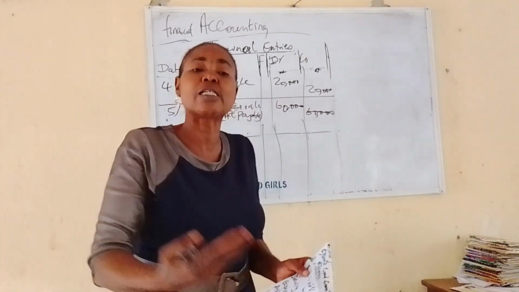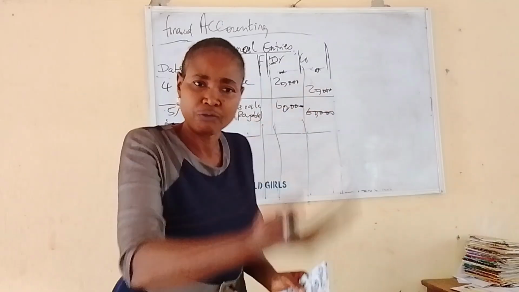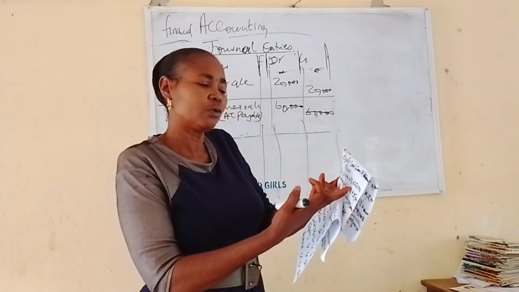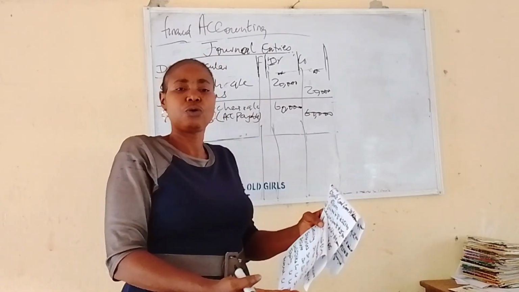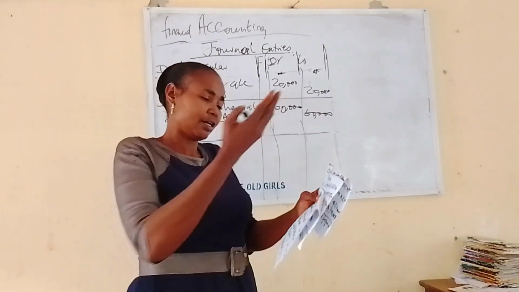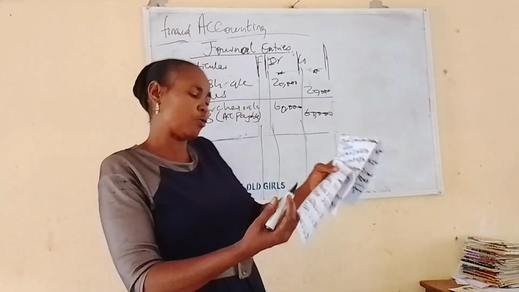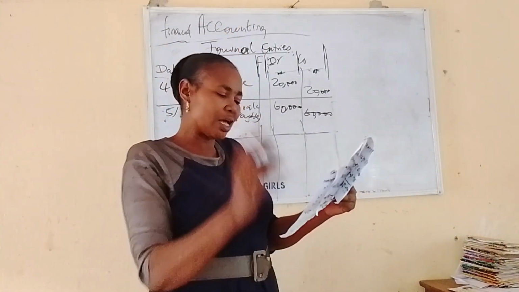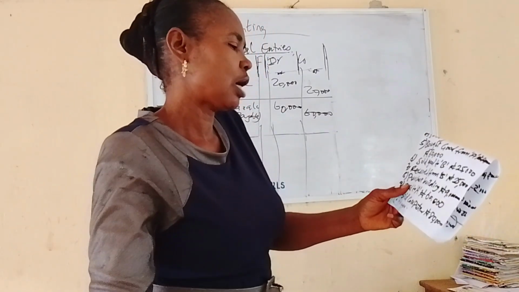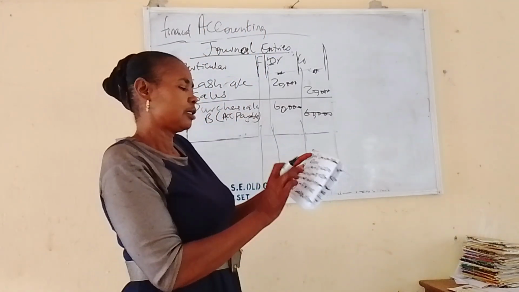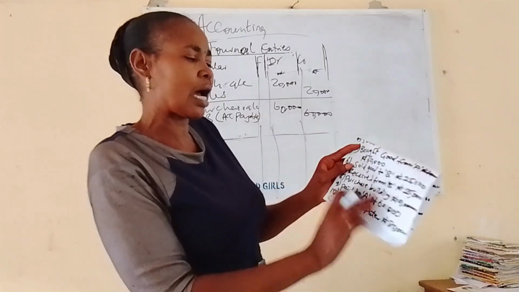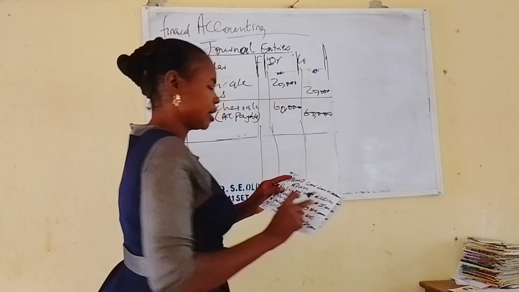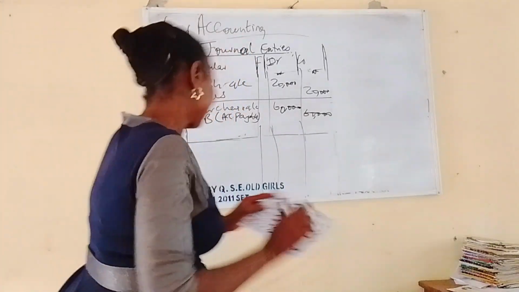We say that an asset is what has economic future benefit. So accounts receivable, which is an asset, is going to be received in future. So when an asset increases, we do what? We debit. The two accounts that are involved here are sales and accounts receivable.